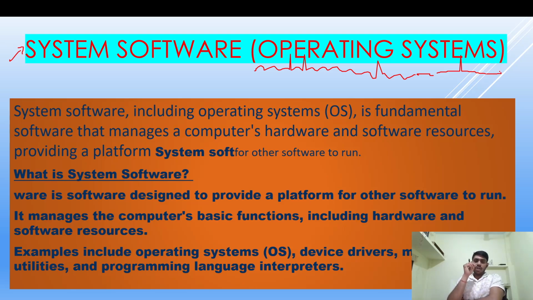Whenever we hear the term system software or operating system, suppose we have a mobile phone. Everyone is using a smartphone. It is running through an operating system, that is, the Android operating system or iOS operating system. So what is the role of that? Why is this operating system or system software there?